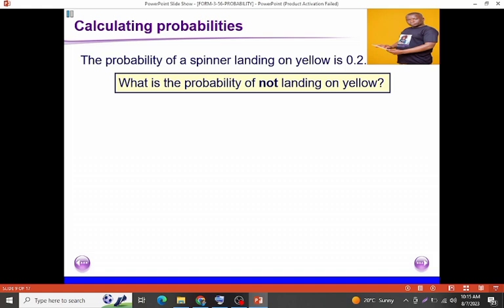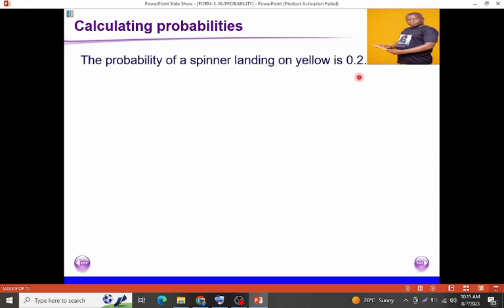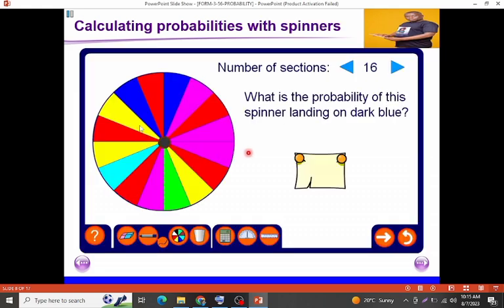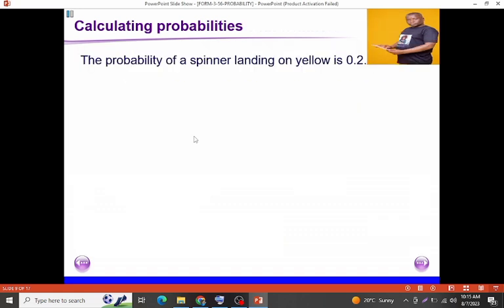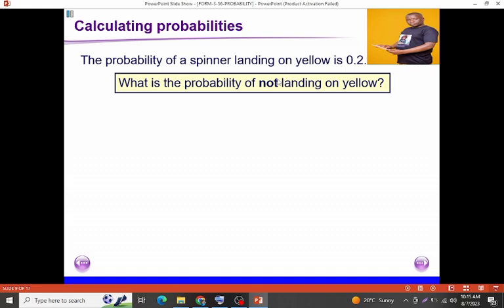Suppose that the probability of a spinner landing on yellow is 0.2. What is the probability of not landing on yellow? The probability that it lands on yellow plus the probability that it does not land on yellow is equal to 1.